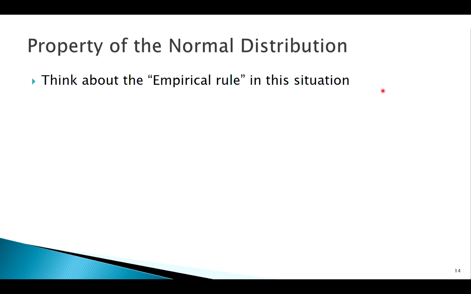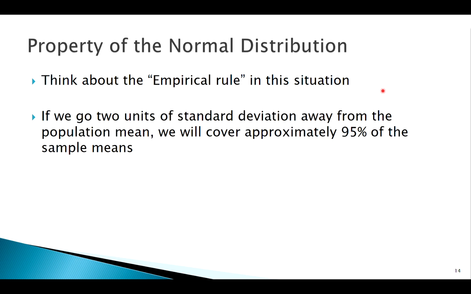Okay, but what else do we know about the normal distribution? Well, one of the first things that we talked about, and one of the first things that should pop into our mind when we hear normal distribution, well, what about the empirical rule? Okay, so our empirical rule, the 68, 95, 99.7 deal. All right, well, let's just use 95. If we go about 2 standard deviations away from the mean, we should see about 95% of our area there.